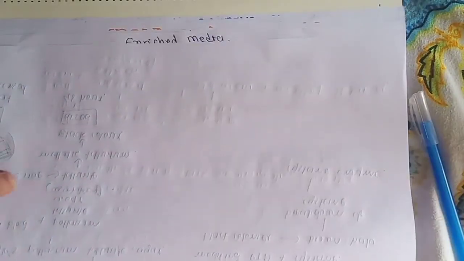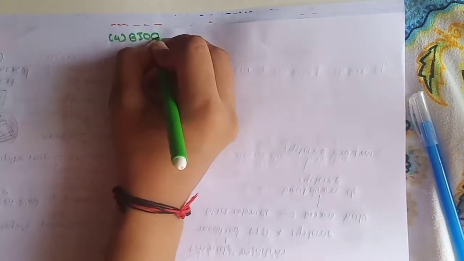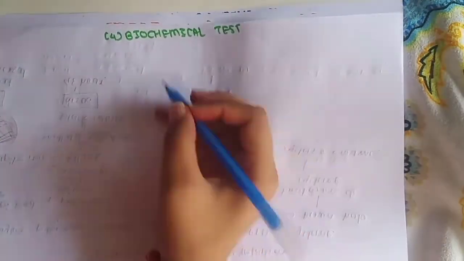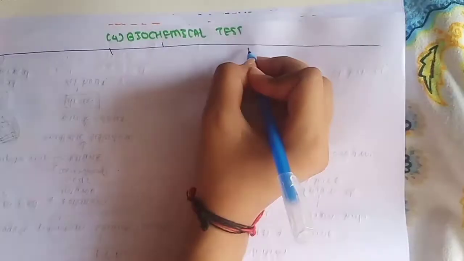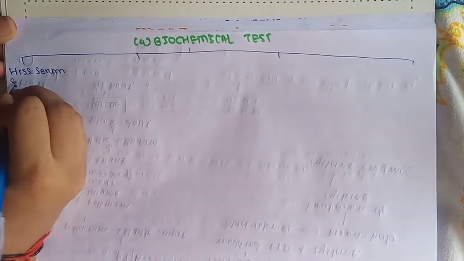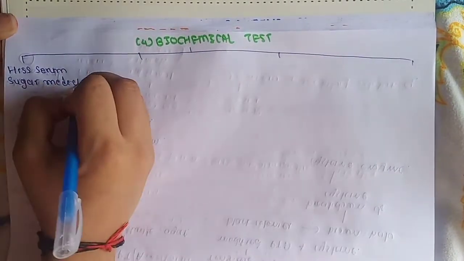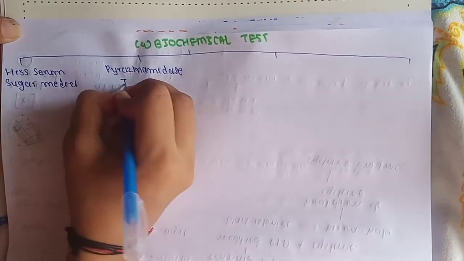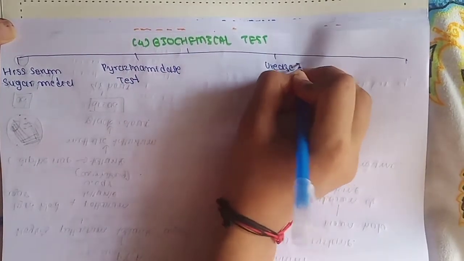Now let's talk about the fourth method, which is biochemical tests for identification. It mainly gives 5 biochemical tests. The first is Hiss serum sugar media, an enriched sugar media. Second is pyrazinamidase test. Third is urease test.